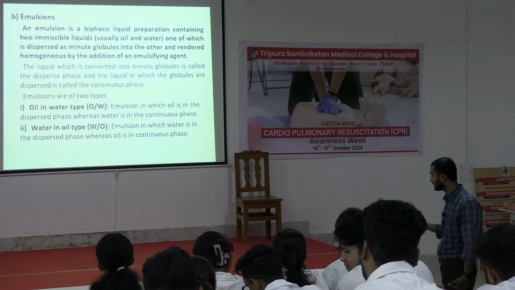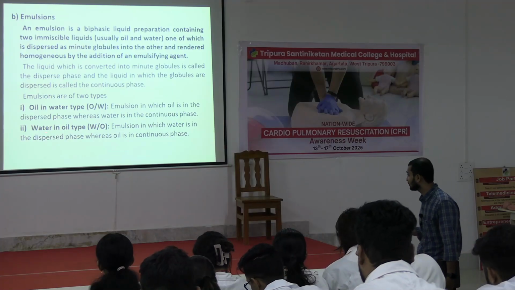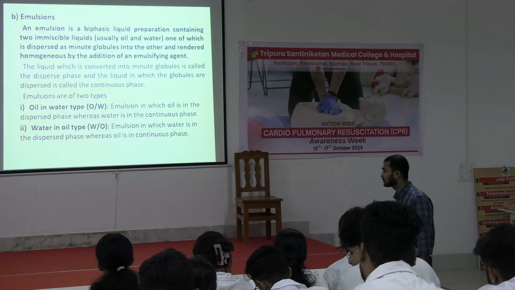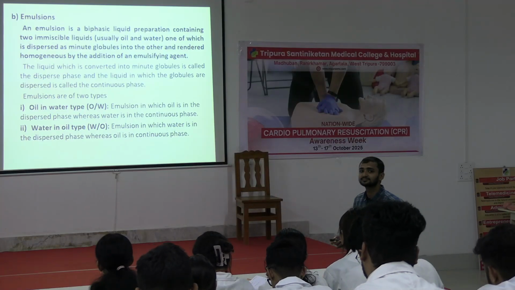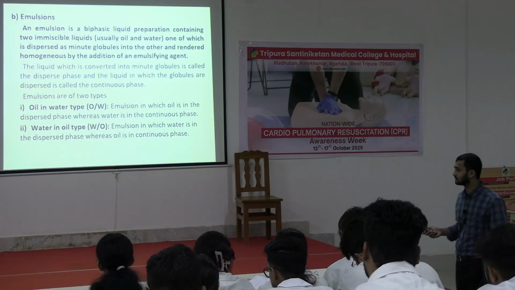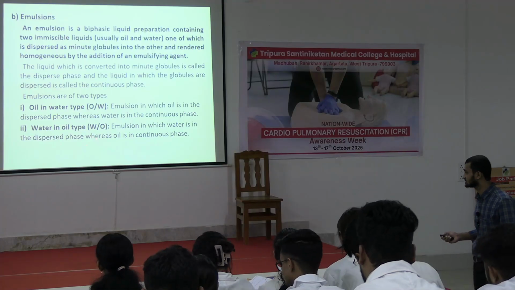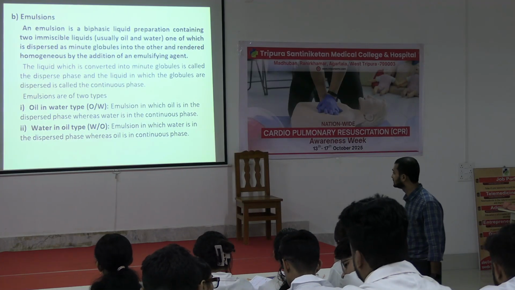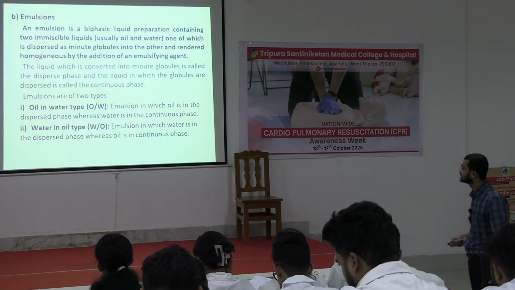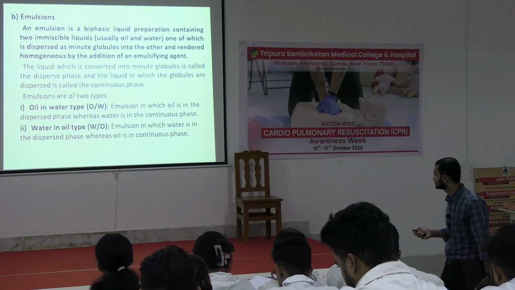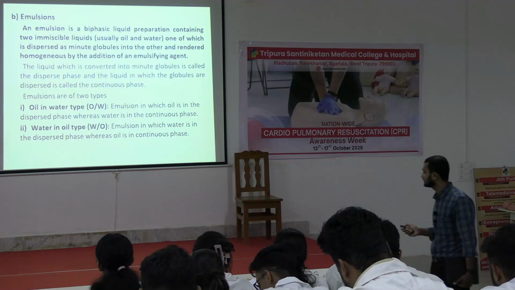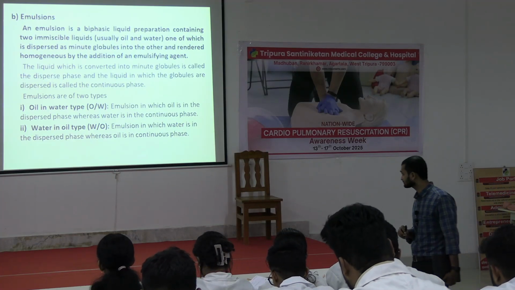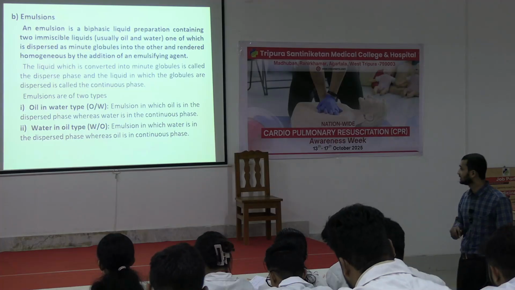And when I am adding water in oil, which one is the dispersed phase now? The water is now in the dispersed phase, but the oil is in the continuous phase. So this is the main reason why they use the terms: the liquid converted to minute globules, and the liquid in which the globules are added.